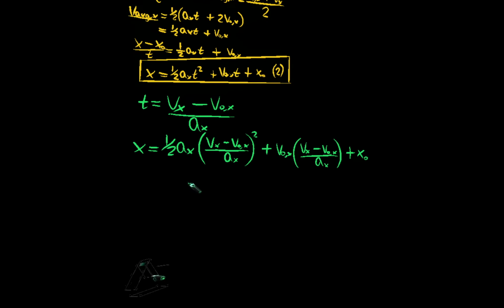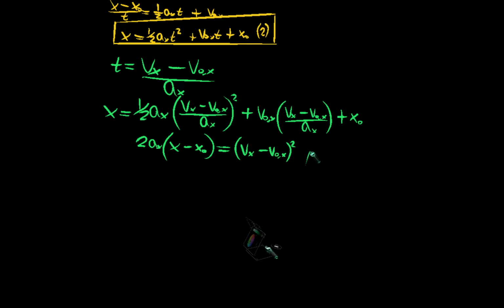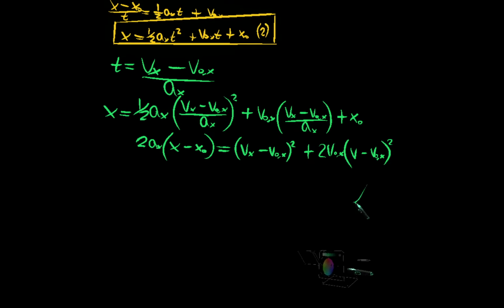And so you get 2ax times (x minus x naught) equals (vx minus v naught x) squared plus 2 v naught x times (vx minus v naught x), not squared.